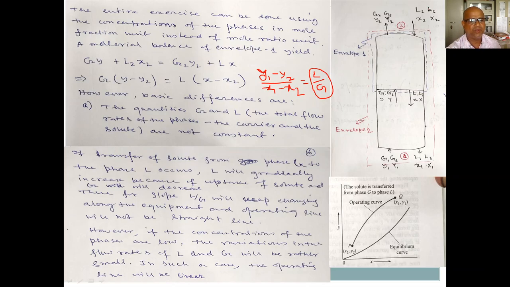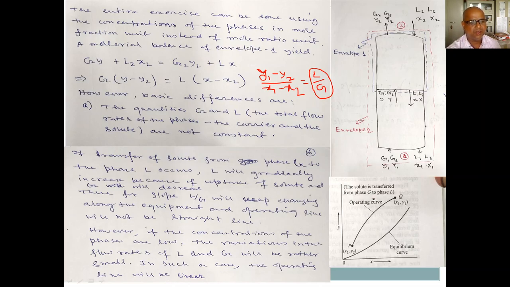And if it is 100 moles you put it here, it will keep changing, 102, 105, 110. Just I have given the example. So L and G both are changing within this equipment. If this is changing, this means the slope is changing.